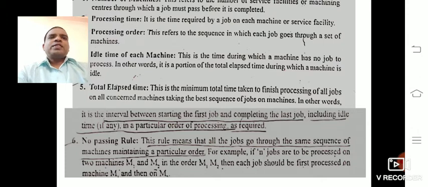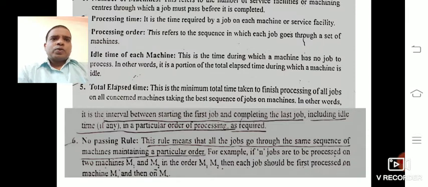This is the minimum time taken to finish the processing of all the jobs on all the machines, taking the best sequence of jobs. That we call total elapsed time.